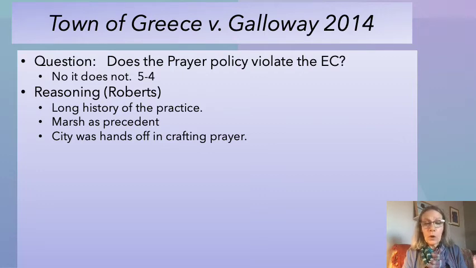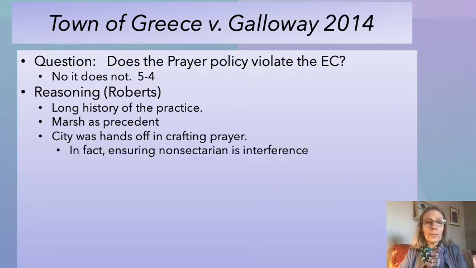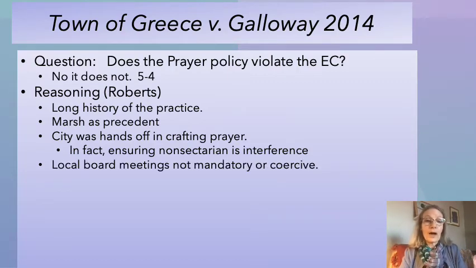They basically just opened the door to allowing prayer. In fact, they said that if the city got involved to make sure the prayer was diverse, non-sectarian, and non-denominational, then that in itself might be a violation of the Establishment Clause because the city was getting too involved in the business of the government.